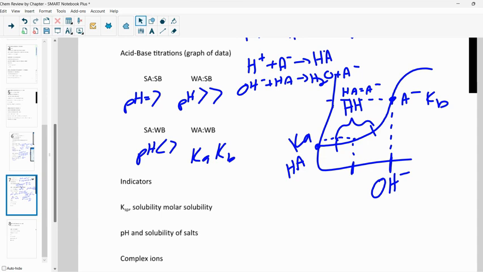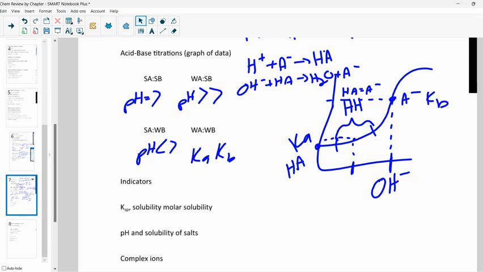As I'm adding hydroxide, the hydroxide plus the HA, I'm getting water and A minus. So as I'm adding the hydroxide, my HA is coming down, my A minus is coming up. When they're equal, at the half equivalence point, my pH equals pKa.